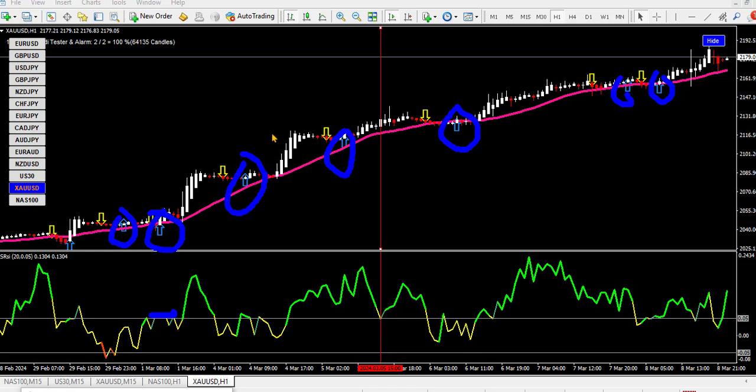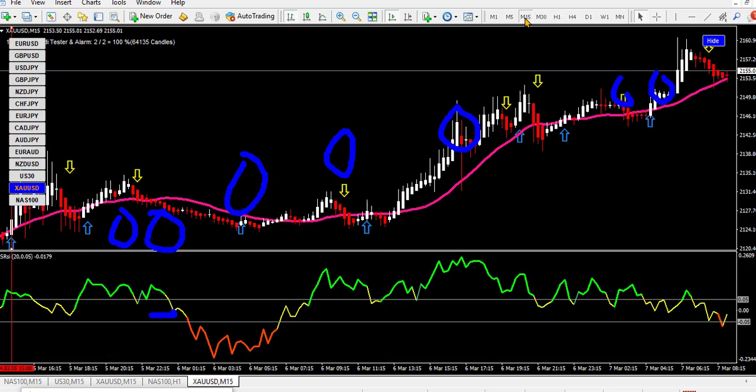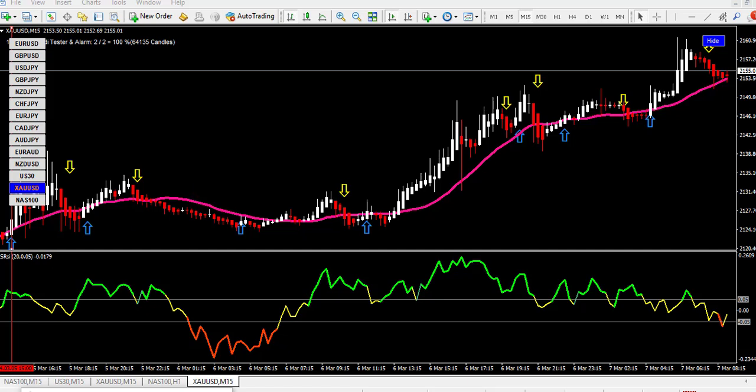And if you want to trade it on a lower time frame, it's still the same principle. Just make sure you allow all the indicators to be in agreement. For a sell, we have all the indicators in agreement at this point, and for a buy, we have all the indicators in agreement at this point. And this is how to take this trade.